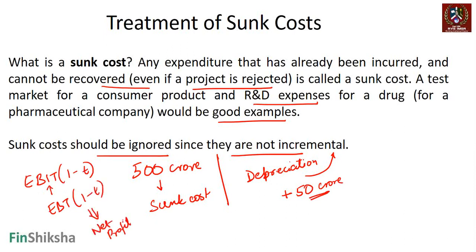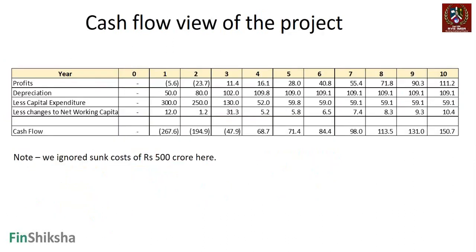That's where we have started from. Otherwise, if there is an interest component, ideally we should start from EBIT into 1 minus T. In our case, that's the same number that we get, right? That's the cash flow view. Note that we have ignored the sunk cost of 500 crore in this calculation. That's a broad cash flow view that we have at this point of time.